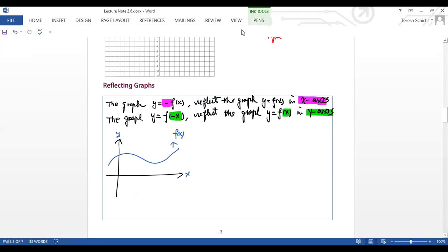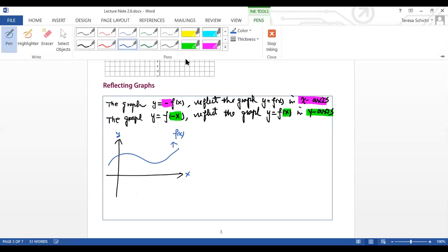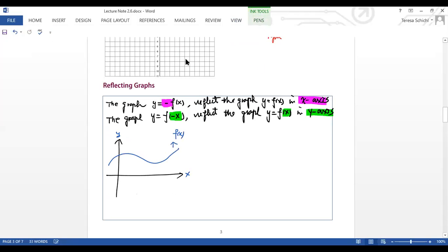So reflecting over the x-axis, what does reflecting mean? Reflecting is kind of like the concept of a mirror, right? You reflect over the mirror. That means you treat the x-axis like a mirror. So you reflect this line. So what is this going to be?